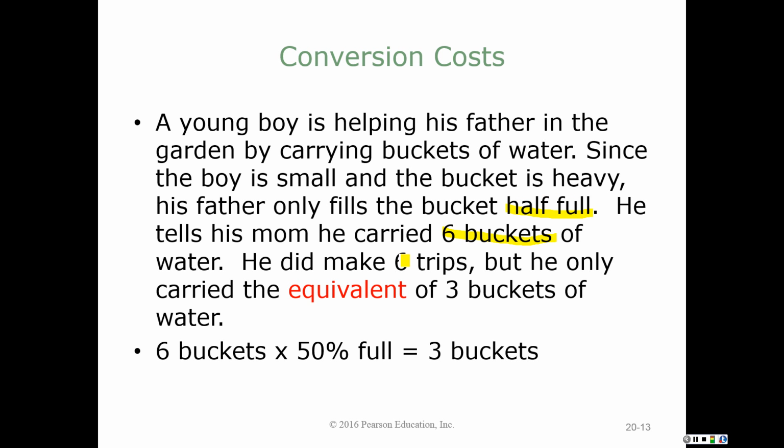So even though he did make 6 trips, he only carried, here's our term, the equivalent unit of production, the equivalent of 3 complete buckets of water to the garden. Simple math tells us that if we take 6 buckets or 6 trips and they're only 50% full, then that process that included 6 trips really only generated the equivalent units of production of 3 complete buckets.